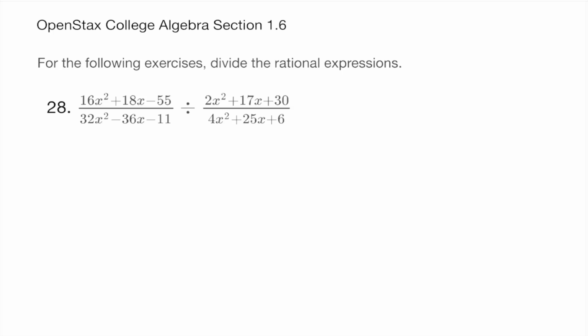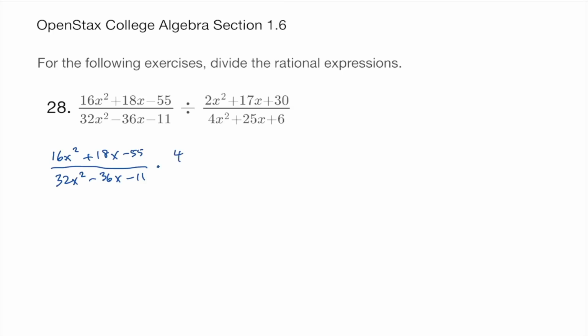We've got 16x squared plus 18x minus 55 all over 32x squared minus 36x minus 11. And now the first move we're going to make is instead of dividing, we're going to multiply by the reciprocal.